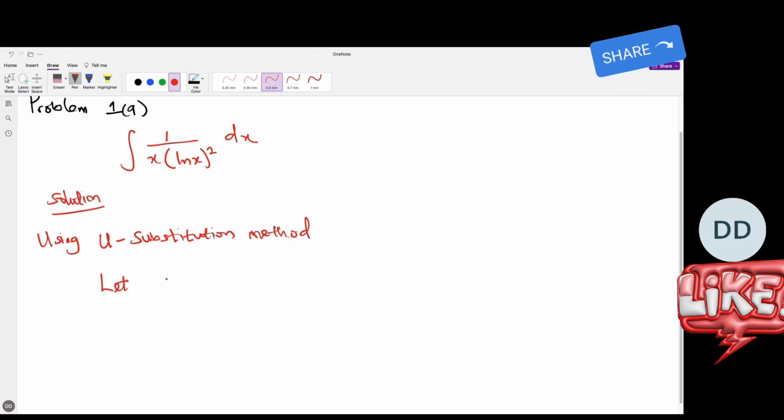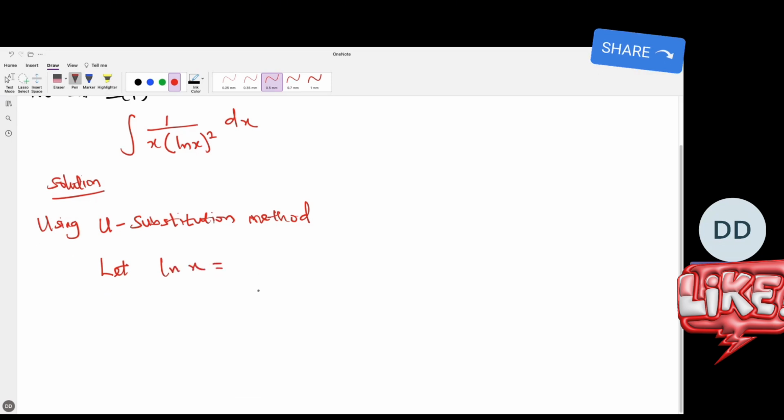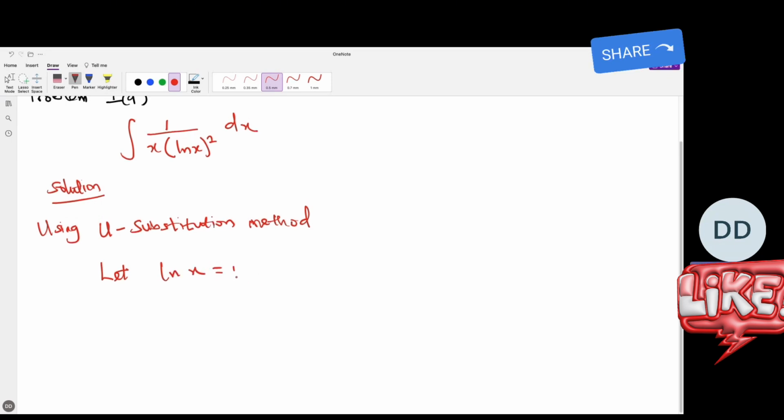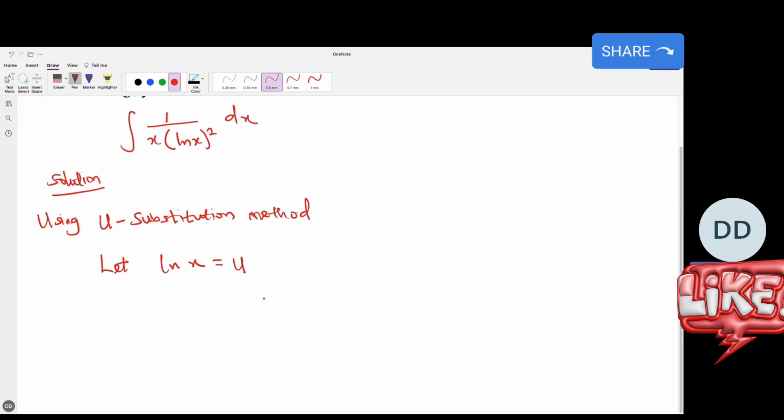Ln x equals, let's call it U. Right, so that's good. So what's the next thing you think we should do?